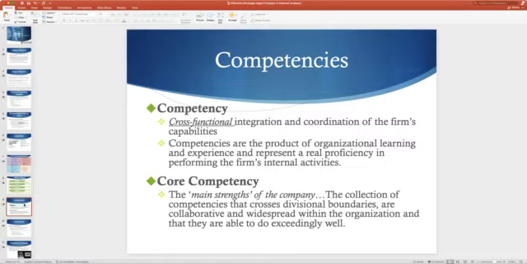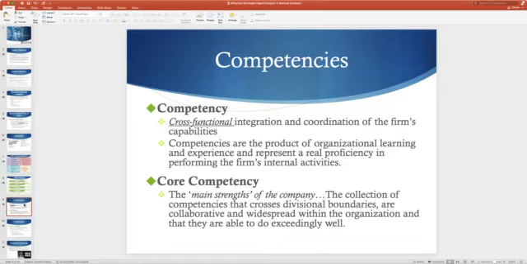That's that transference of inputs to outputs. These are the things that we do to make that good or provide that service. They are a product of organizational learning and experience, and competencies represent a real proficiency in performing that internal activity. So one of the first things we look at internally, we identify our competencies. What are these things that the firm does well?